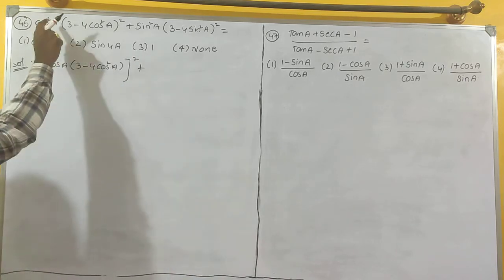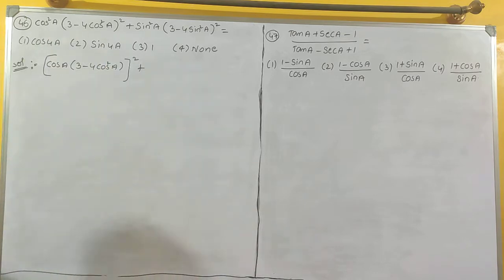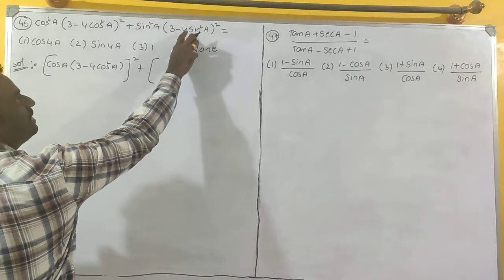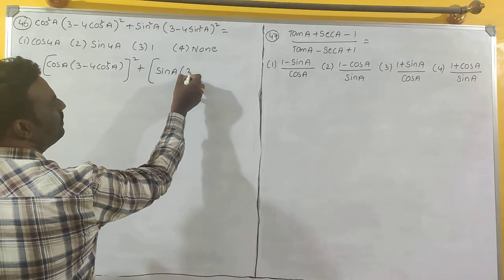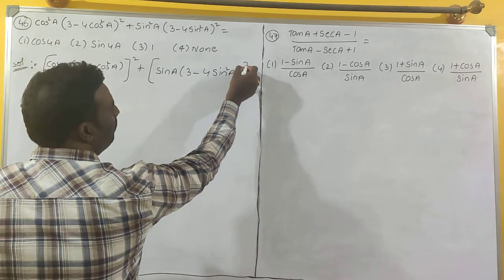Instead of taking the square for both, I took the square for the whole term. Here also sin is having a square, this is also having a square. That's why I can write (sin a into (3 minus 4 sin square a)) whole square.